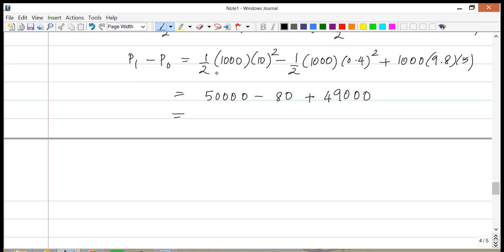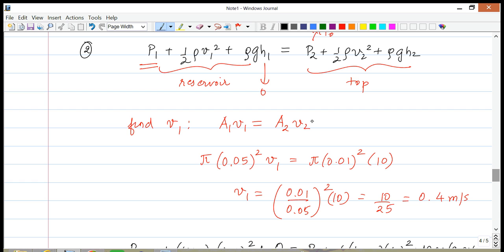We can combine them. We get 50,000 plus 49,000, so that is 99,000 minus 80, so it is 98,920 pascals.